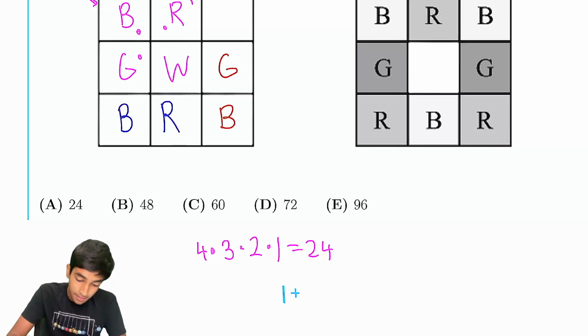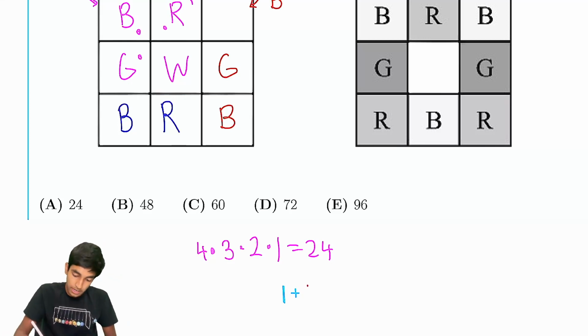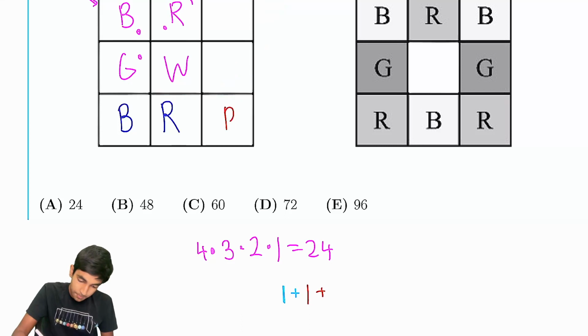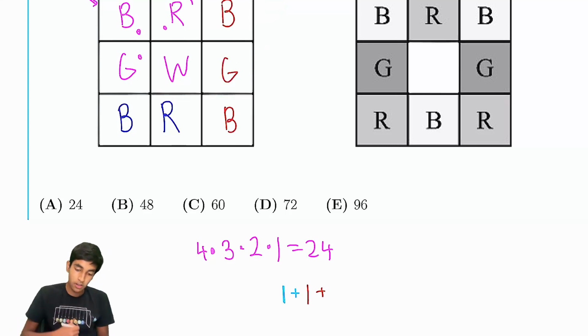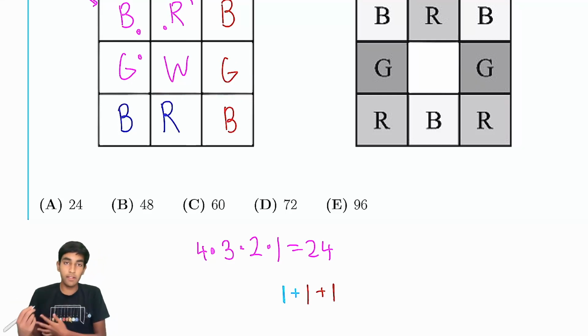And that will mean that, and now we can see here, this thing is forced, it has to be a blue. There's 1 way here. Now the other subcase is that we can have blue here and green here. And that means that this thingy has to be a blue. So 1 more subcase. So all in all, we have 3 possible ways that work.